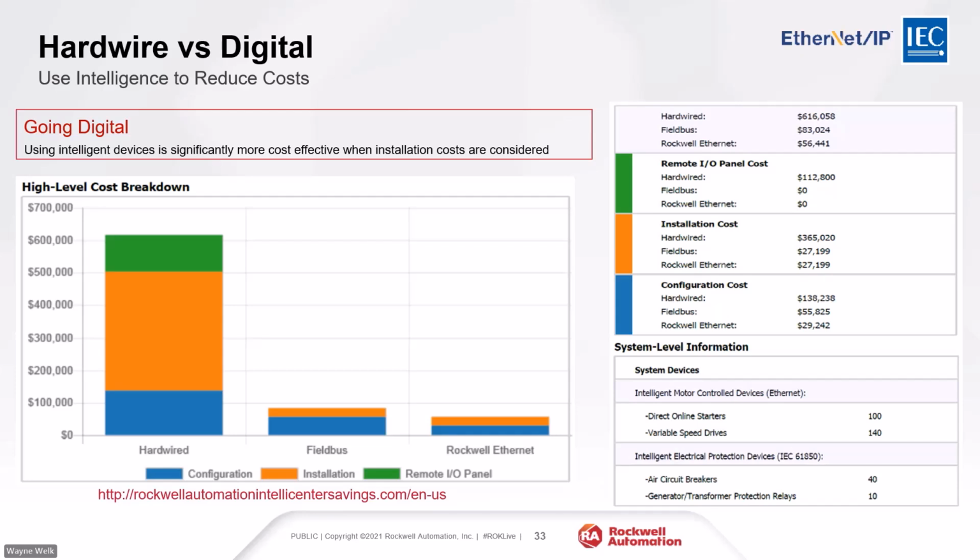Like I said, being able to track those trips over a digital network greatly reduces the amount of equipment, installation costs, etc. So up front, your cost is going to be lower to move to an intelligent system. So that's the first piece. And then go ahead and go to the next slide.